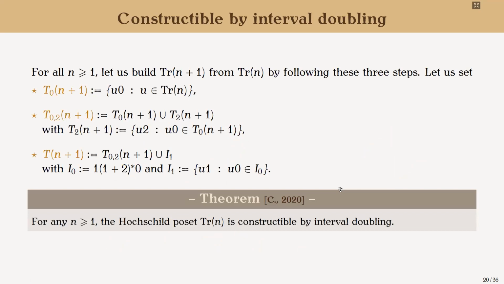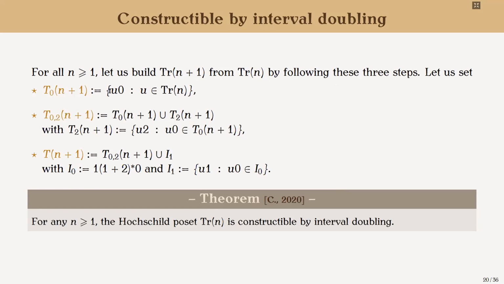So what we want to do is to show that the Hochschild lattice can be obtained by doubling operations. Actually, we will show that we can obtain the Hochschild lattice of order n+1 from the Hochschild lattice of order n only by 2 steps, plus 1 which is cosmetic. So we see 3 steps.